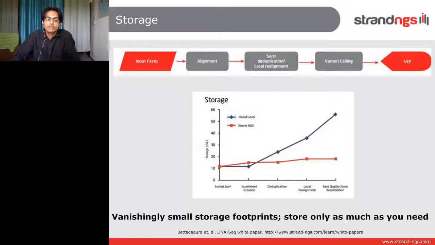For instance, this in blue is the GATK workflow. As you can see, after sorting, the space that you consume on the disk increases linearly for the GATK workflow, whereas for Strand NGS, it's pretty much constant. And this is because we have great data structures and a logical way of storing things that dramatically reduces the amount of storage that you need for any given workflow.